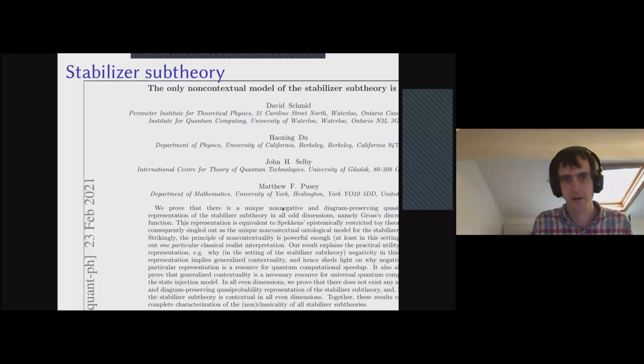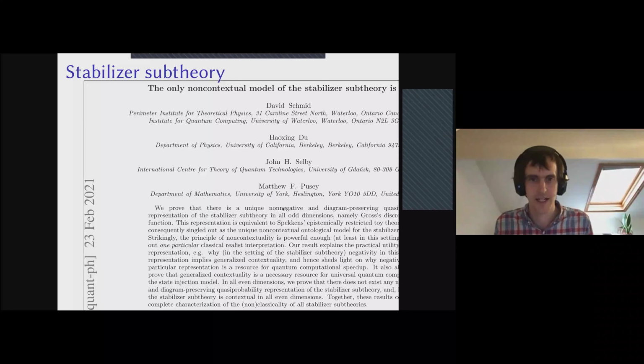And then one more application I'd like to mention is, so our theory applies to any locally tomographic theory. So that includes quantum theory, but it also includes just the stabilizer subtheory of quantum theory.